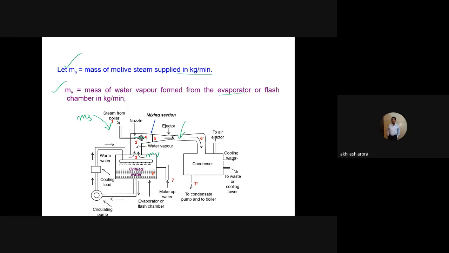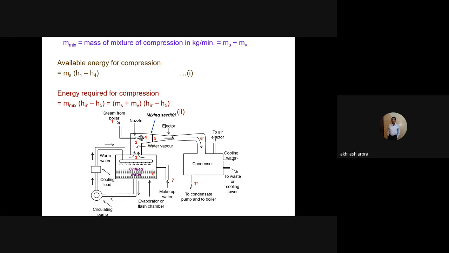Because this is the steam which is coming out, it has ms mass and this mass is entrained here. So the total mass here will be equal to ms plus mv. So m mix is the mass of the mixture for compression in kgs per minute or per second, you can take anything, and it is equal to ms plus mv.